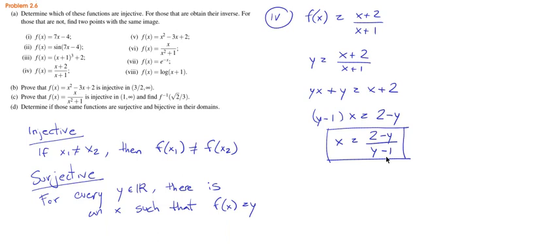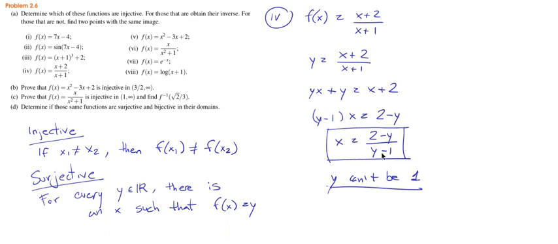So again, provided that y is not 1, so y can't be 1, if y is not 1, then this expression is unique. There's only one value of x coming from this.